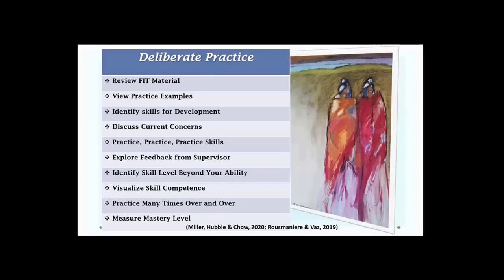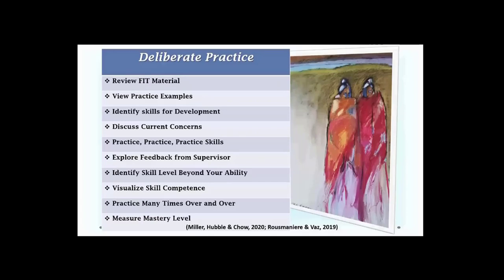As part of the deliberate practice engagements, the qualified supervisor provides feedback regarding the skill acquisition and competency and mastery level of the supervisee. With each iteration of deliberate practice, the qualified supervisor will attempt to identify the skill level beyond the supervisee's current ability.